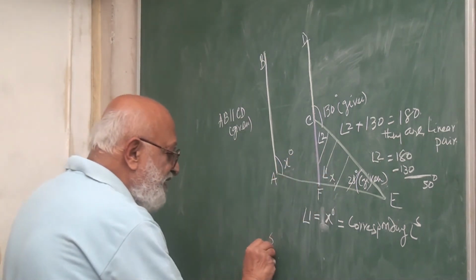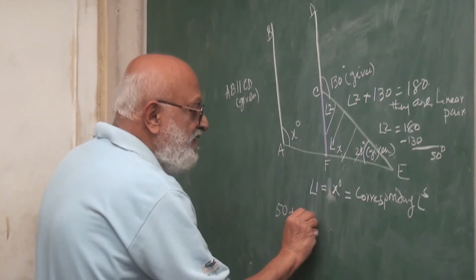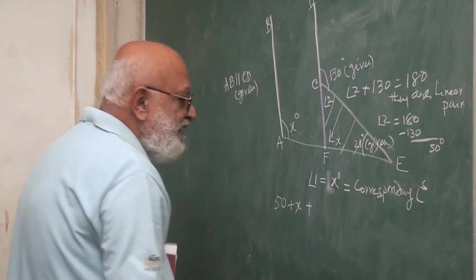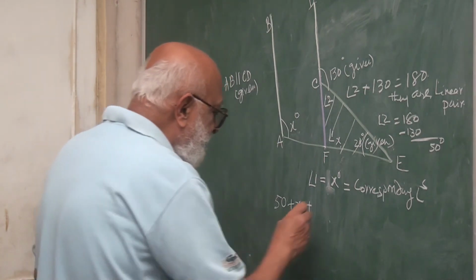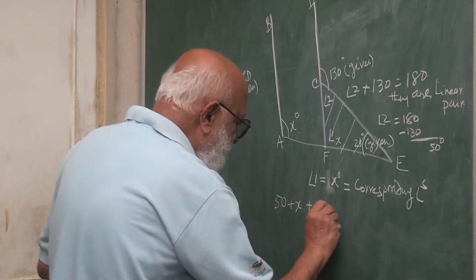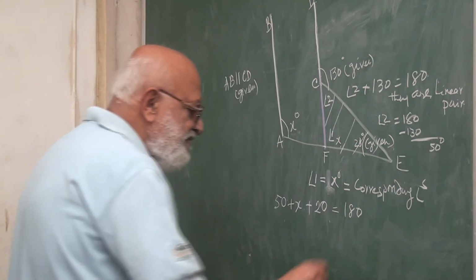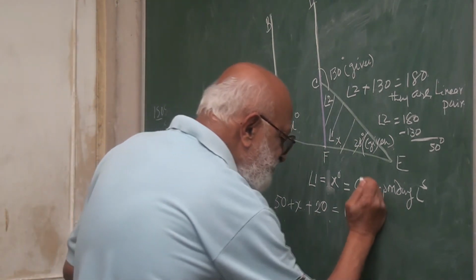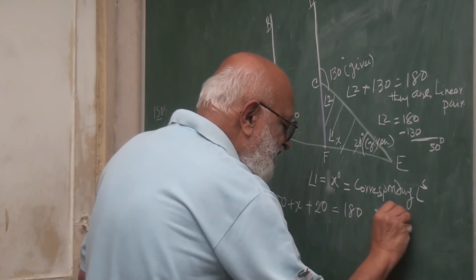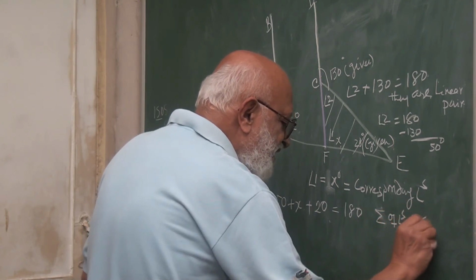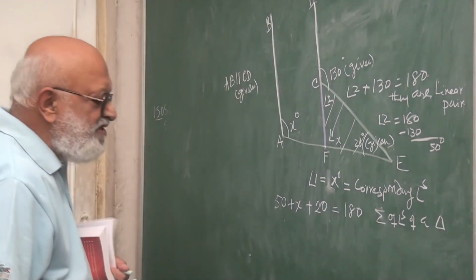Angle 2 is 50. Okay, x I have to find out, and this angle is 20, given. I have further checked. 20 given. This is 180. Okay. Sum of angles of a triangle.